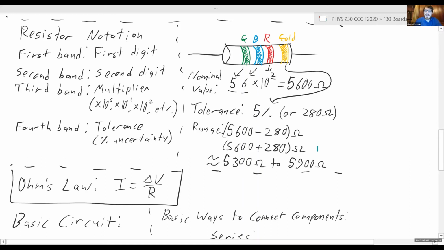So plugging in those numbers down here, and noticing that we have two significant figures, we have 3 digits before the decimal place. This rounds to roughly 530 to 590 ohms.